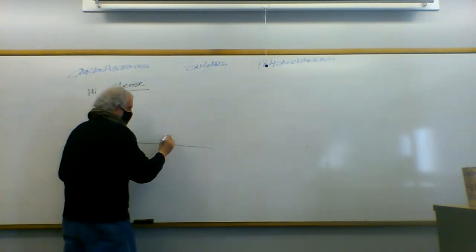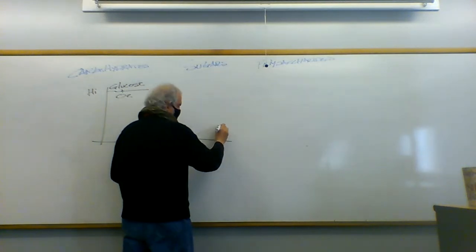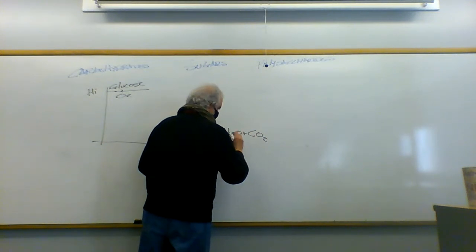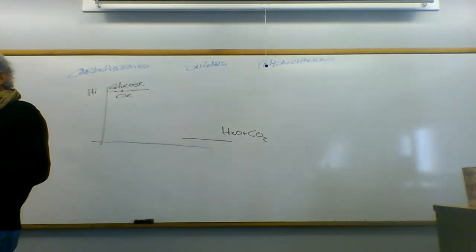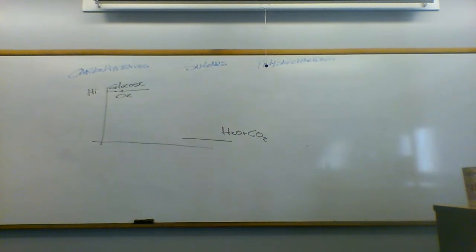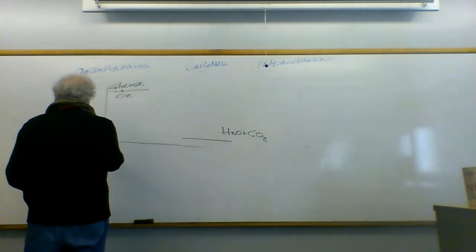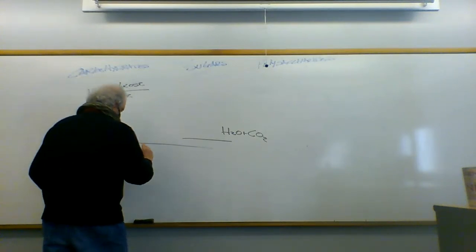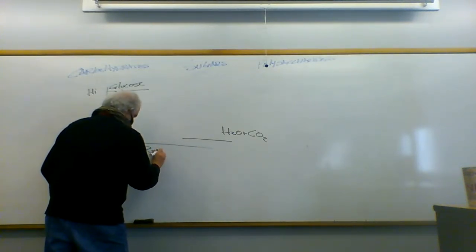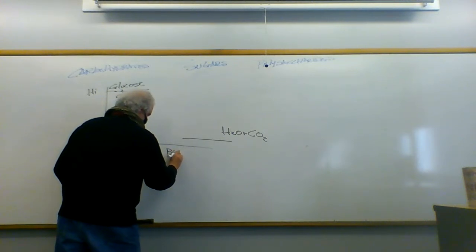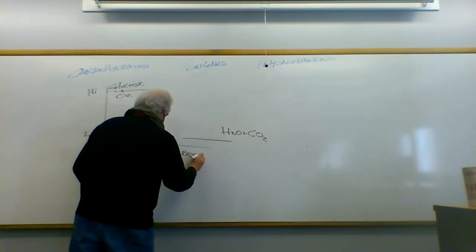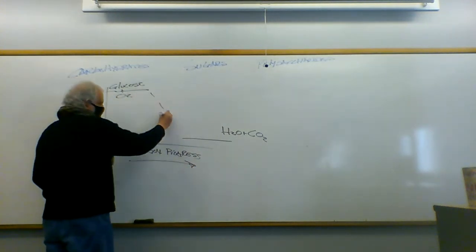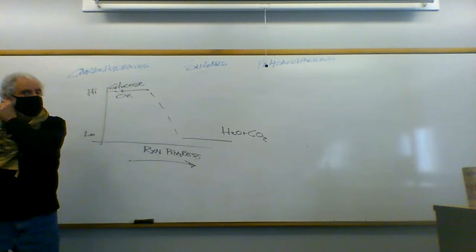And then we got molecules with low energy being our good fire putter outers, water and CO2. So energy is being released as we are having a chemical reaction occur. So we can have the reaction progress, the reaction direction, this way, and we have all this energy being released.